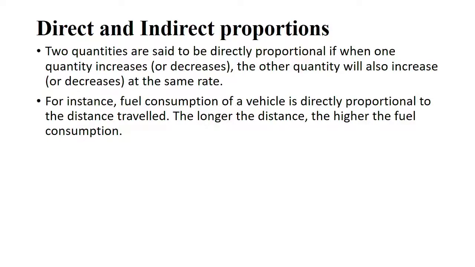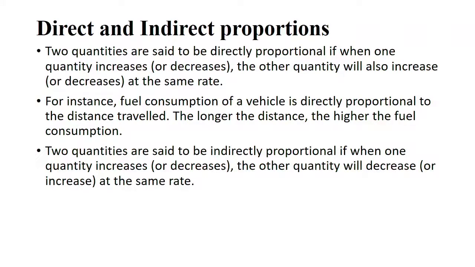This is just an example of two quantities that are directly proportional to one another: fuel consumption of a vehicle and the distance traveled by that particular vehicle. The farther you go, the more fuel the vehicle will consume. So the longer the distance, the higher the fuel consumption, and these two are either increasing at the same rate or they are decreasing at the same rate.